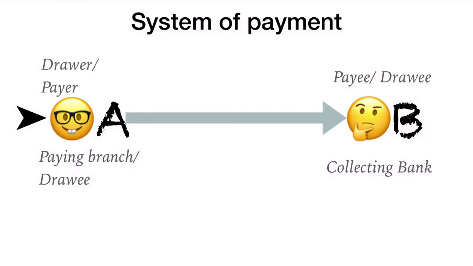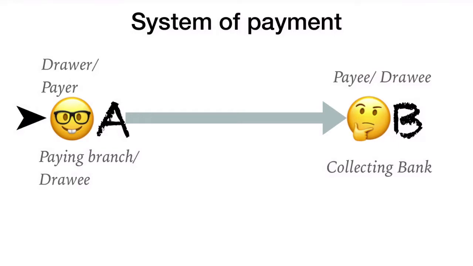That is also called the drawee. Please be careful. Here in case of a check, there are two drawees. From the view of the negotiable instrument, Lokesh is a drawee. From the view of the check, the paying branch, that is SBI Tambaram, is the drawee. So please be careful, don't get confused. The paying branch is also called the drawee.